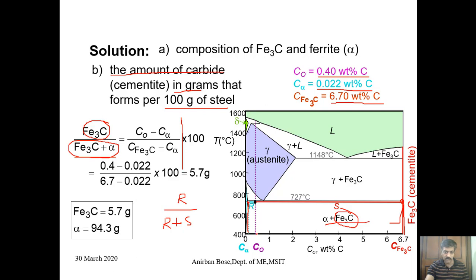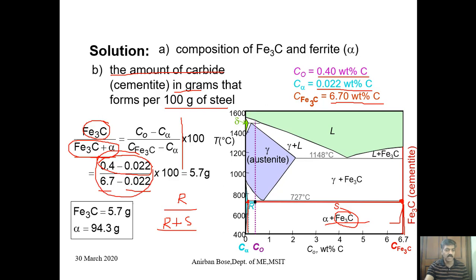This composition is C0, and this is C0 alpha. C0 is 0.4%, and this is 0.022. So 0.4 minus 0.022 is R, divided by the whole length from here to here, which is R plus S. That means this composition minus this composition, that is 6.7 minus 0.022. This is the weight fraction.